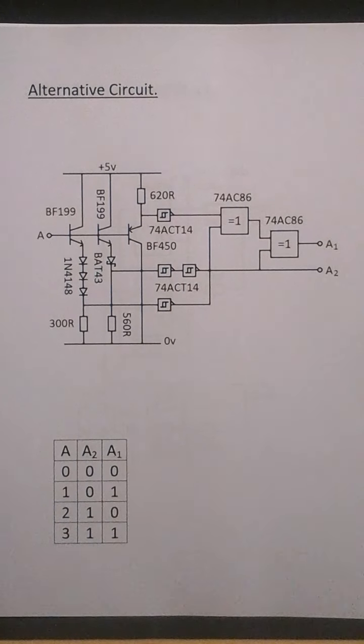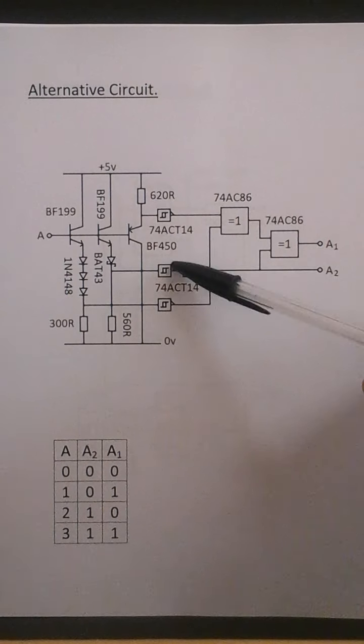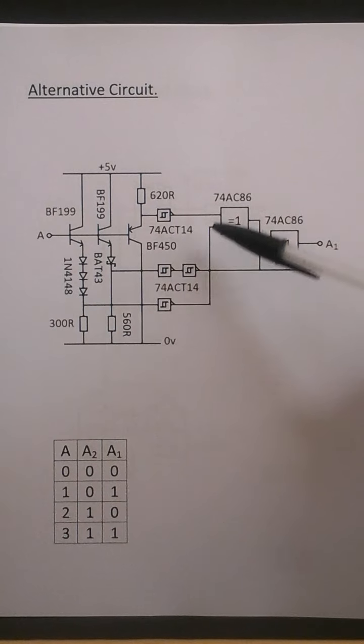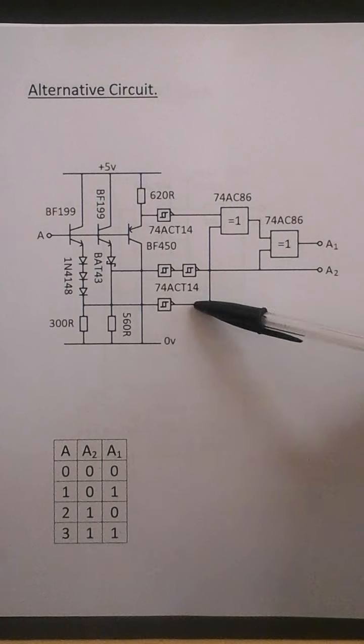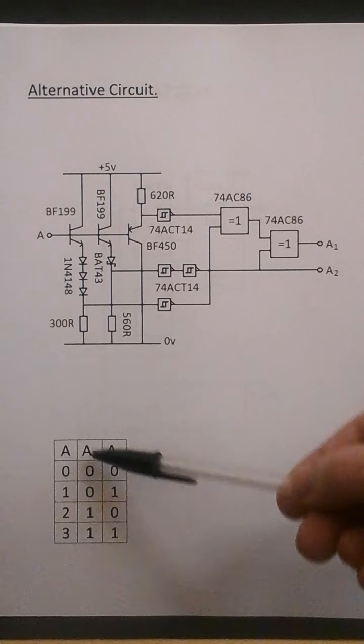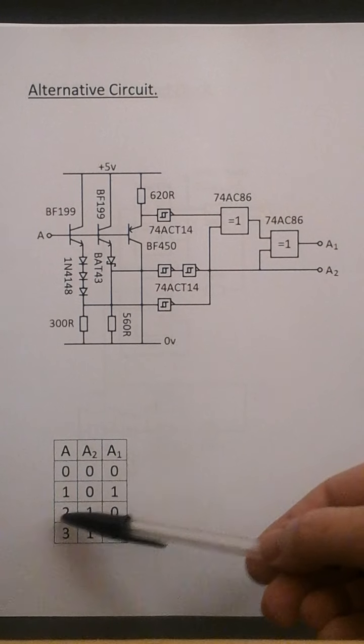This is an alternative circuit using A1, A2 and A3. So here we have the inputs. A2 is as before, 0, 0, 1, 1 in response to 0, 1, 2, 3.